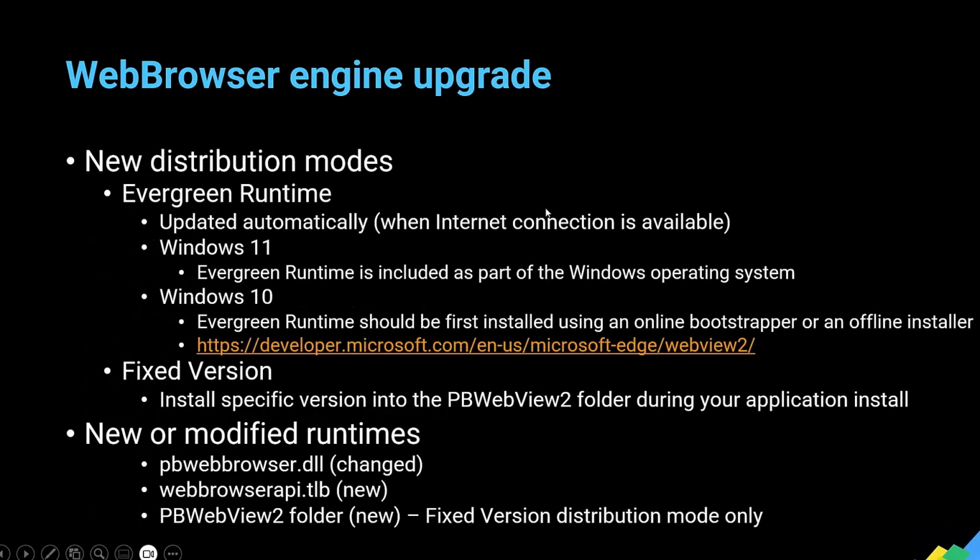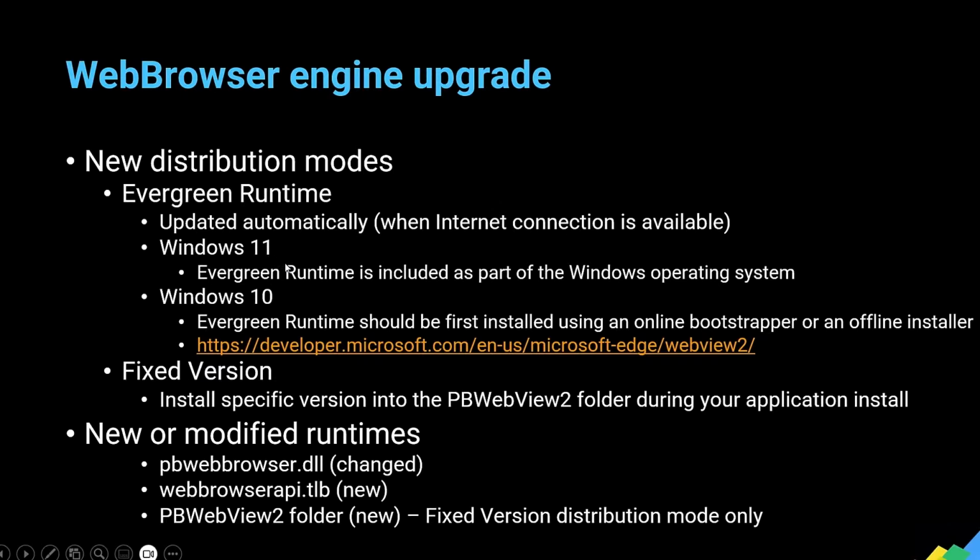So this is the distribution mode, those first two new properties I mentioned earlier. What happens with the Edge WebView is that in Windows 11, it's part of the operating system, and Windows will automatically keep it updated.